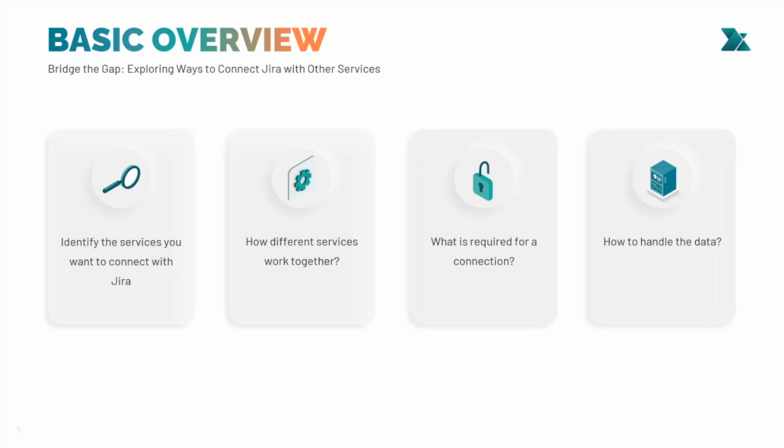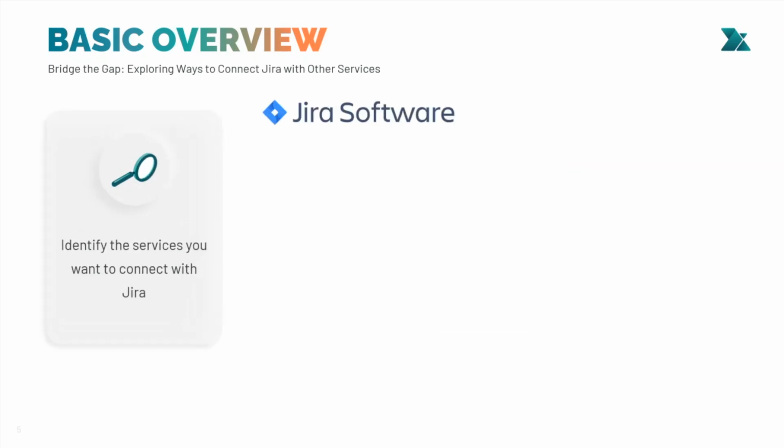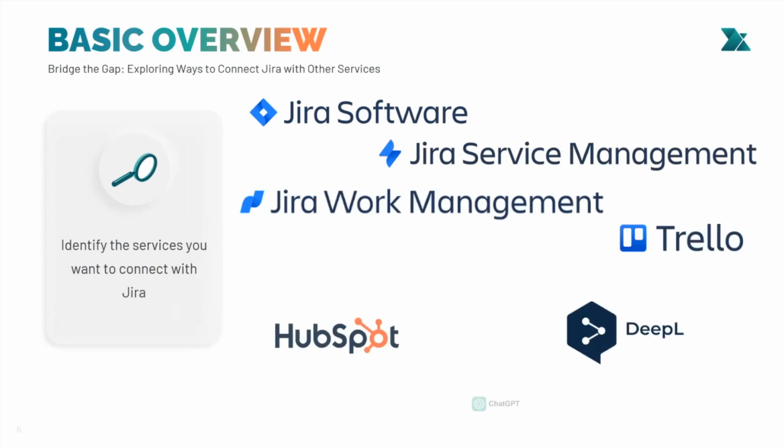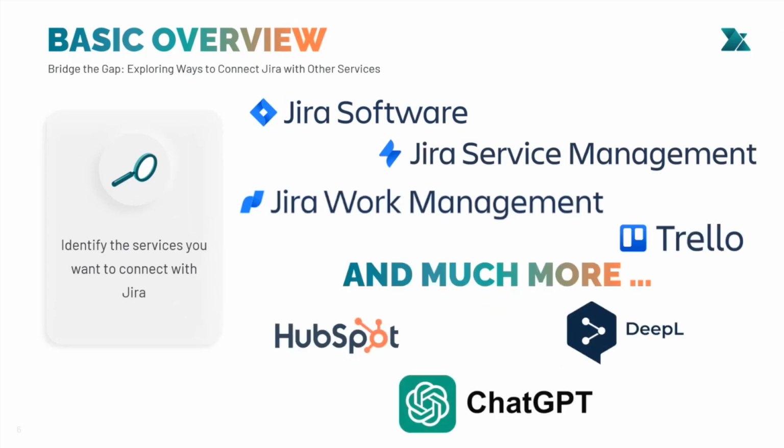First of all, we need to identify the service you want to connect to Jira, which could be another Jira instance, software or service management, work management on cloud. It could be Trello, it could be Confluence, or other APIs to connect with Jira, for example, HubSpot, DeepL, or ChatGPT, and there are many more. So it's up to you what you want to connect.